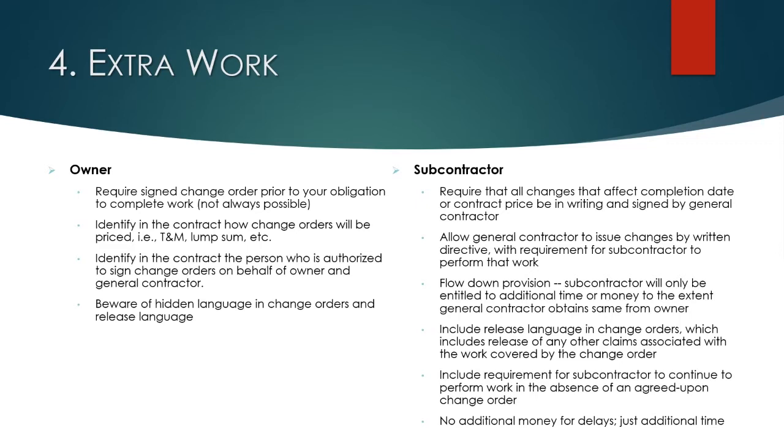Everybody on this webinar understands that it's not always possible to get change orders signed as required by the terms of the prime contract or the subcontract. You're moving quick, things are happening fast, but you need to try to do your best to get it done. Maybe it's not in the time frame that the prime contract or subcontract specifies, but don't let it slip.